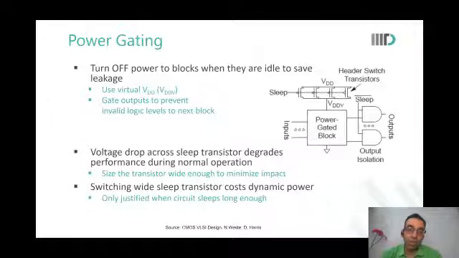I'm talking about a power gated block, which means I'm talking about a full processor. I'm talking about a full memory, for example. So that is where we did not say a circuit, we said a block.